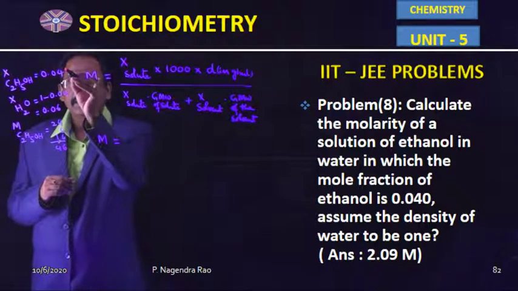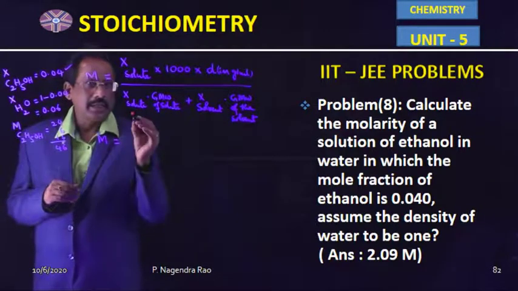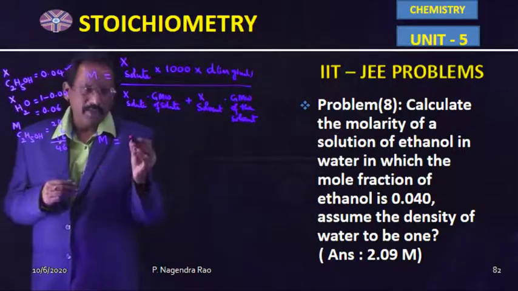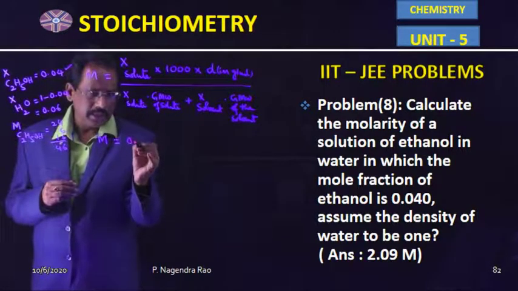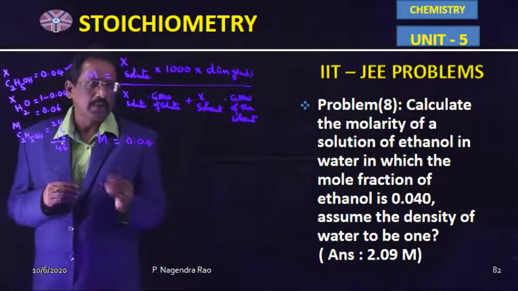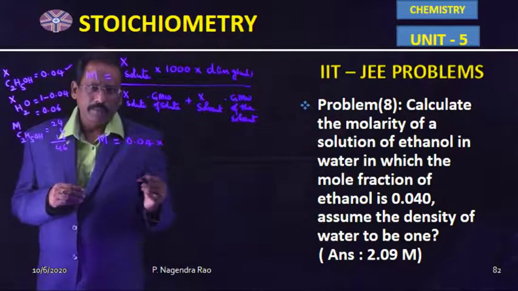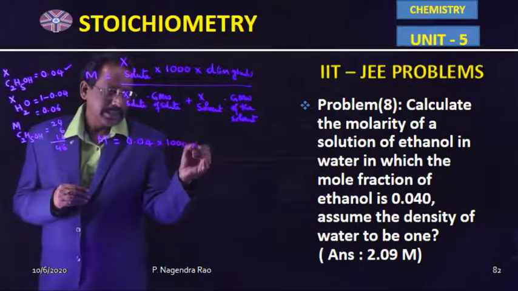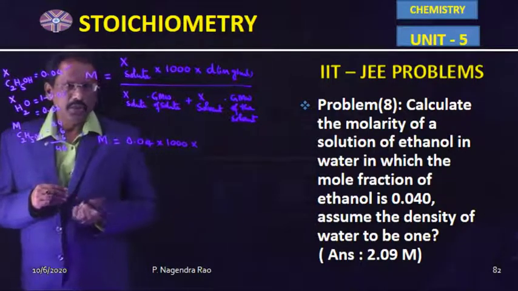Here the solute is ethyl alcohol. So in this problem, mole fraction of the solute is given 0.04 into 1000 into density of the solution.